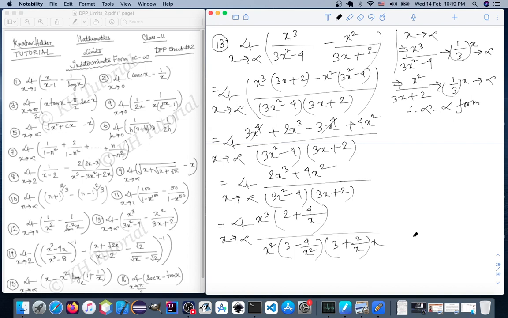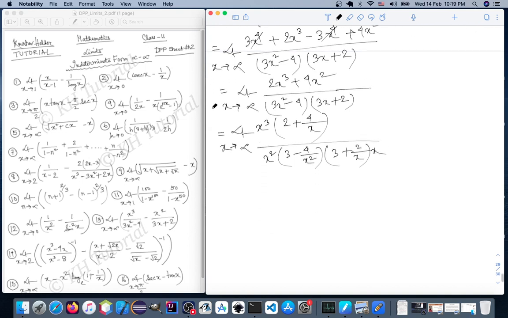So x cube cancels out from both the numerator and the denominator.